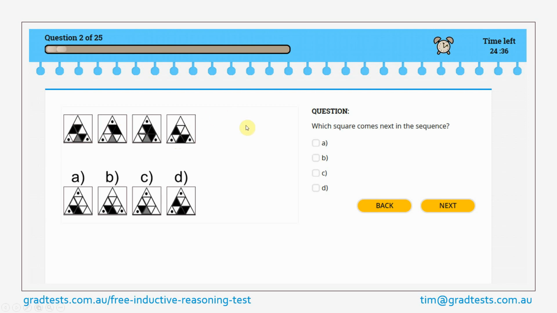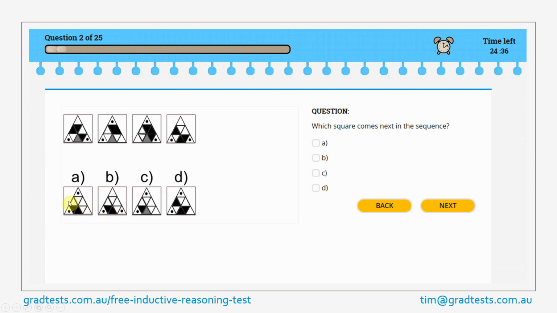So if we imagine what the 5th square here in the sequence would look like, these 2 triangles should be in these positions. So let's go down to our answer options and see which fit that criterion. So remember, again, we've already discounted B, so imagine there's a big cross line through that, and don't bother going through that one again because you've already eliminated it.